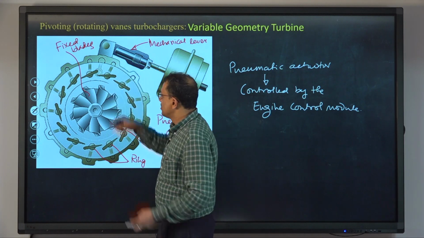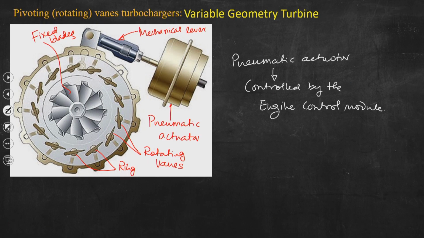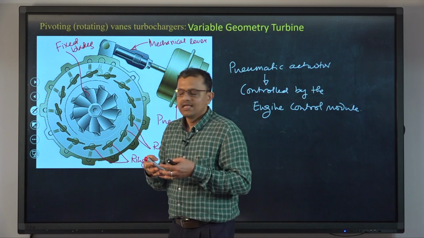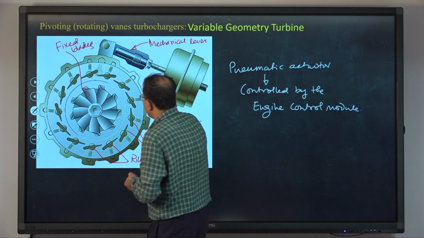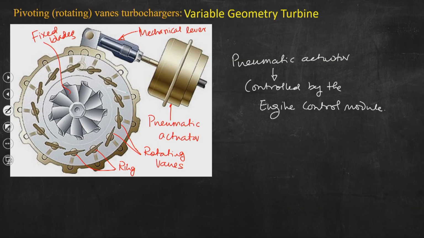This pneumatic actuator controls the gap between two consecutive blades which are mounted on the adjustable ring using this mechanical lever, and through this, the exhaust gases expelled from the engine cylinder are allowed to go into the turbine fixed blades through the passage between two consecutive rotating blades.